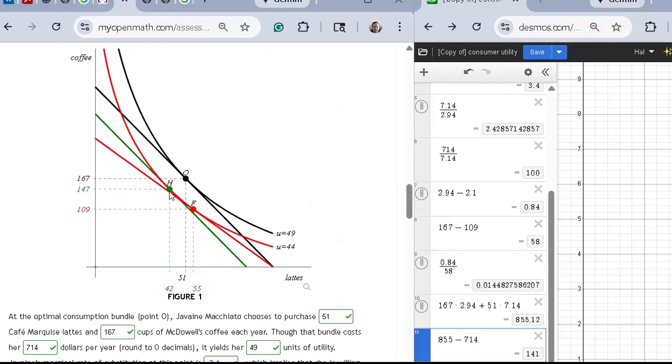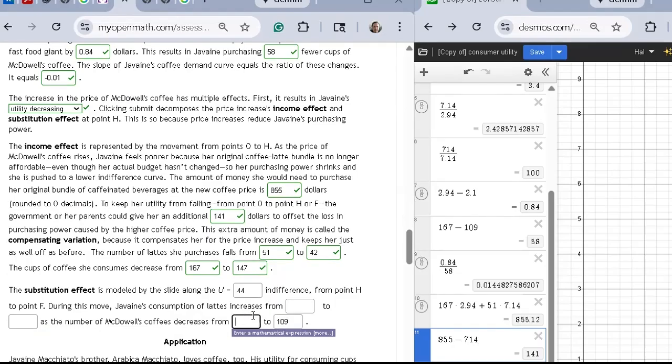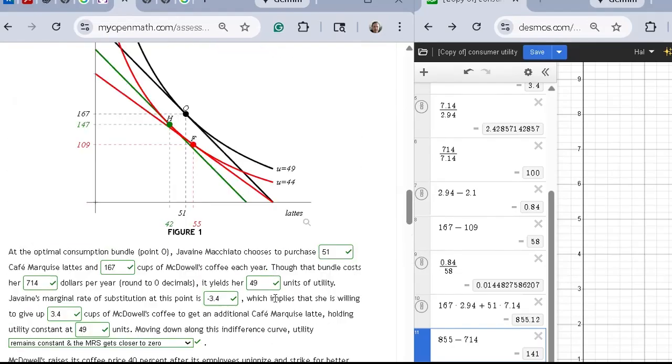Because if you look at point H's budget line, it's steep. Point F's budget line is flatter. That change in slope is reflected by the change in the price of coffee. So we're sliding from H to F and we're holding utility constant. When we do that, coffee consumption falls from 147 to 109, and latte consumption increases from 42 to 55.